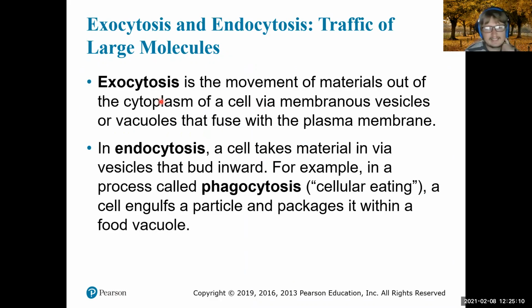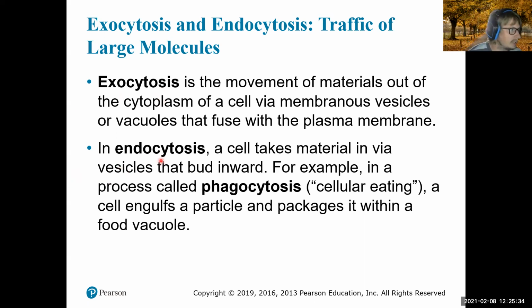Now, other ways that cells can move molecules in and out are through the processes of exocytosis and endocytosis. These are where the plasma membrane will basically pinch off and form a vacuole that's either pushing molecules out or bringing molecules in.